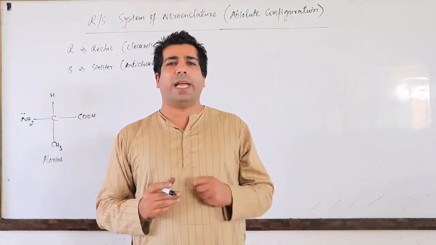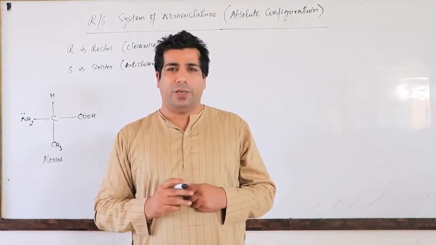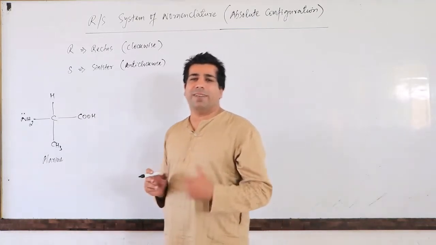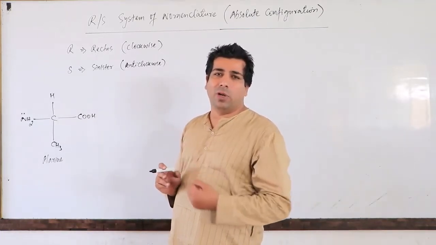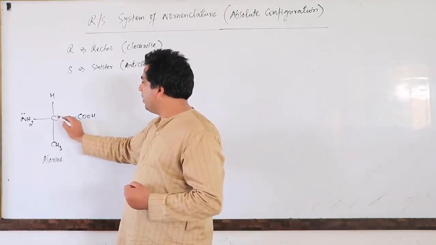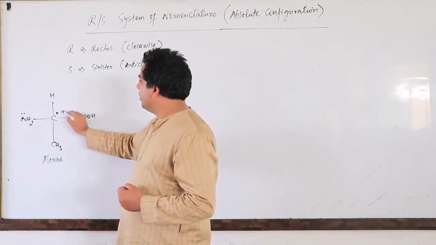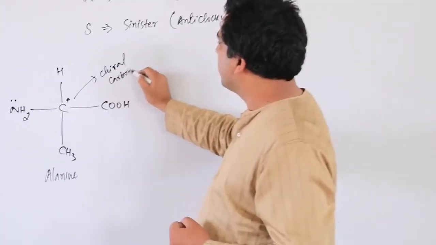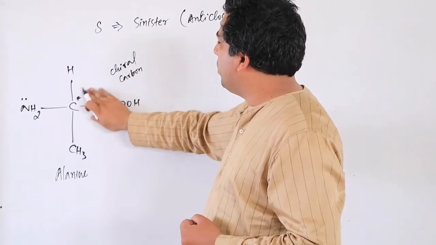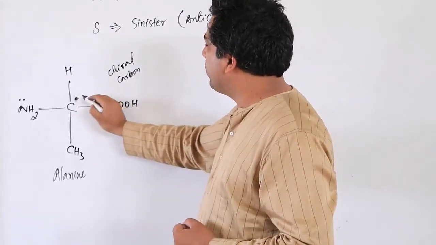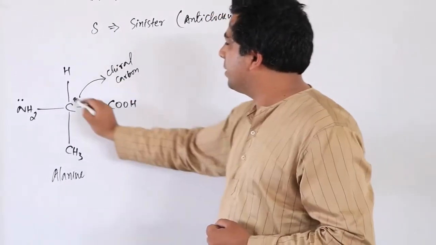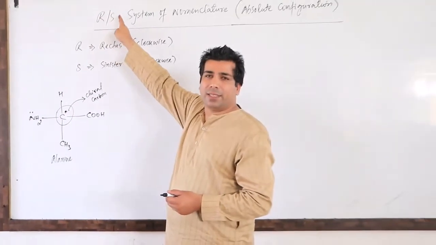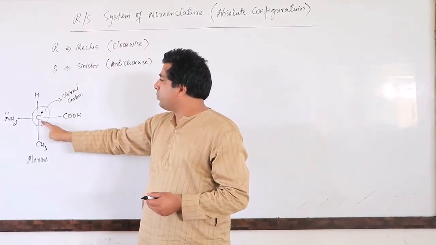And remember, absolute configuration is found around the chiral center. So you first have to decide which one is the chiral center in the alanine molecule. This carbon in the middle is basically the chiral carbon. So I have to find out the R or S configuration with respect to this chiral carbon.